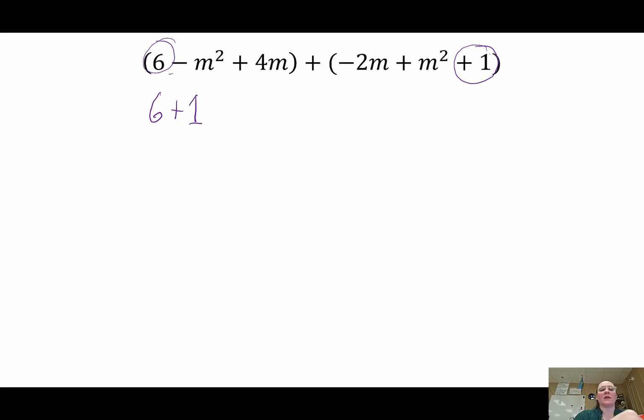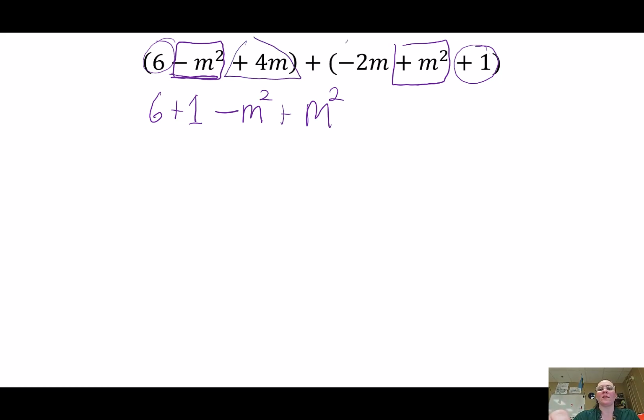Then I've got a negative m squared here. Do I have an m squared over here? Yes. So I'm taking negative m squared plus m squared. And then finally I have positive 4m here, and I'm adding that to the negative 2m in the second one.